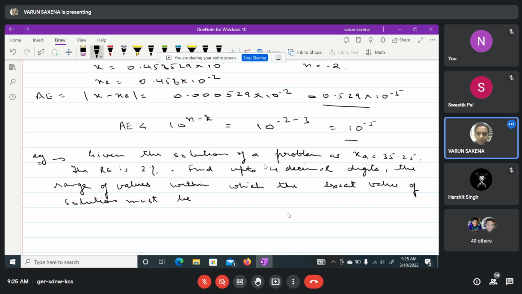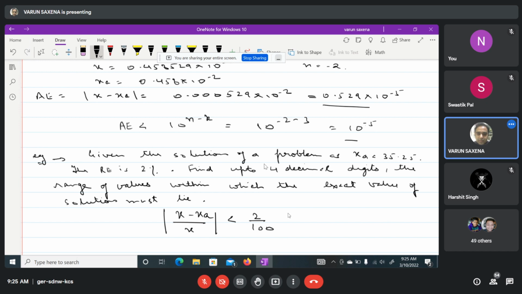Okay. So this is the problem, and let's see if we can find out. If the relative error is 2%, which means that the modulus of x minus xa divided by x should be less than 2 by 100.